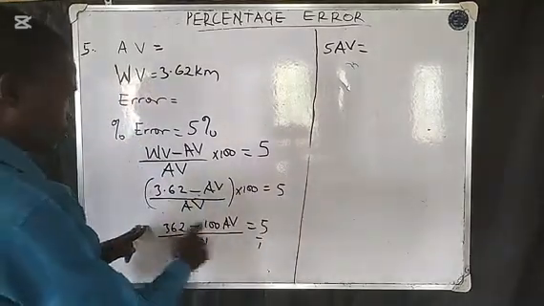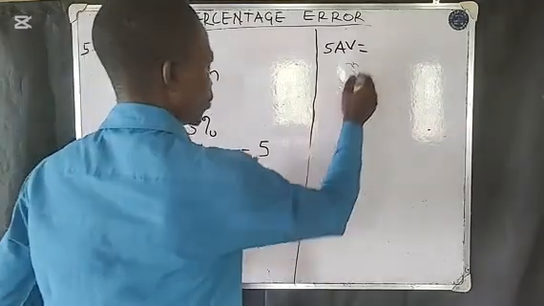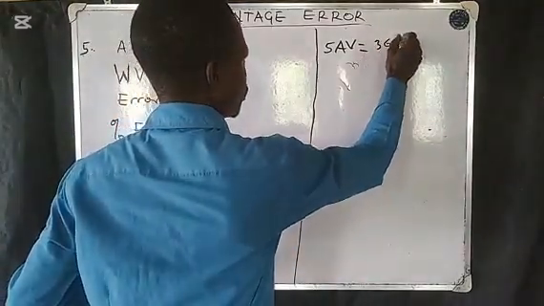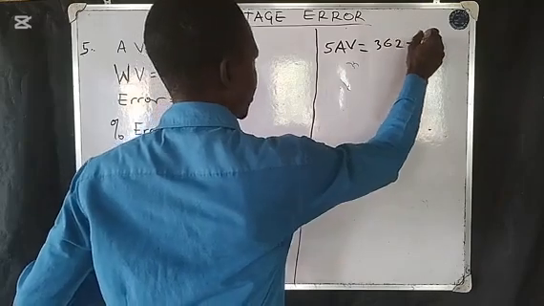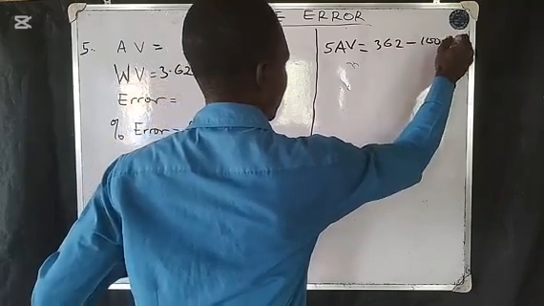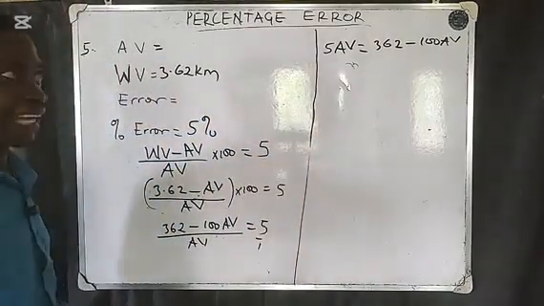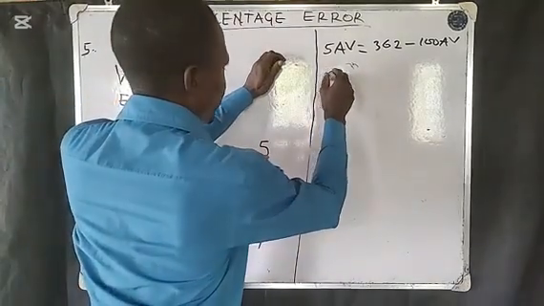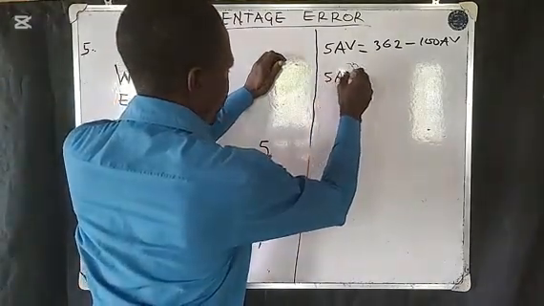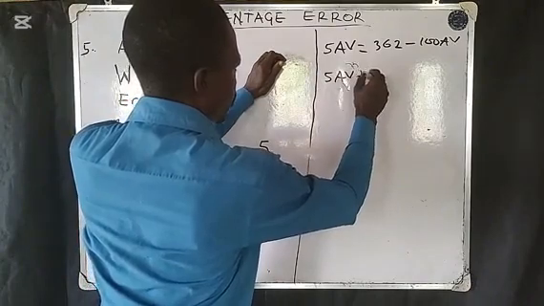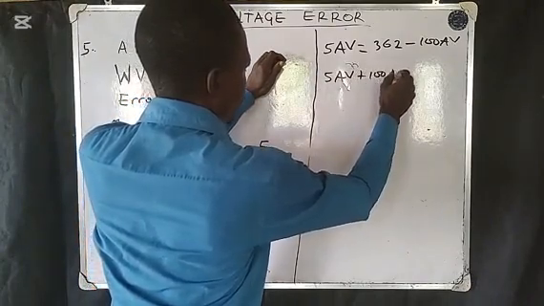So all the numerator multiplied by 1, you have the same thing. You have 362 minus 100 AV. Let AV meet AV, right? Collect like terms. So you have 5 AV actual value plus 100 actual value.